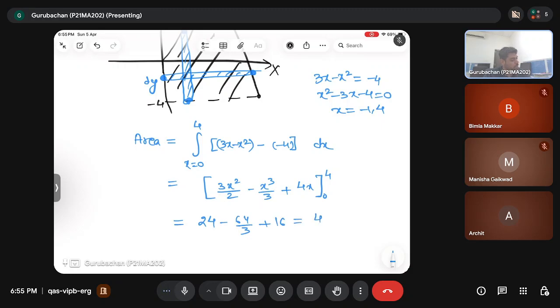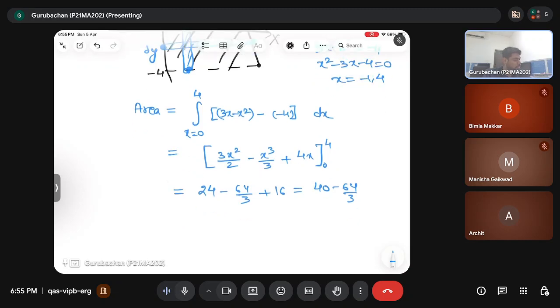So this will be 40 minus 64 divided by 3. I hope I have done the correct calculation. You please verify. So this will be 120, so it is coming different.